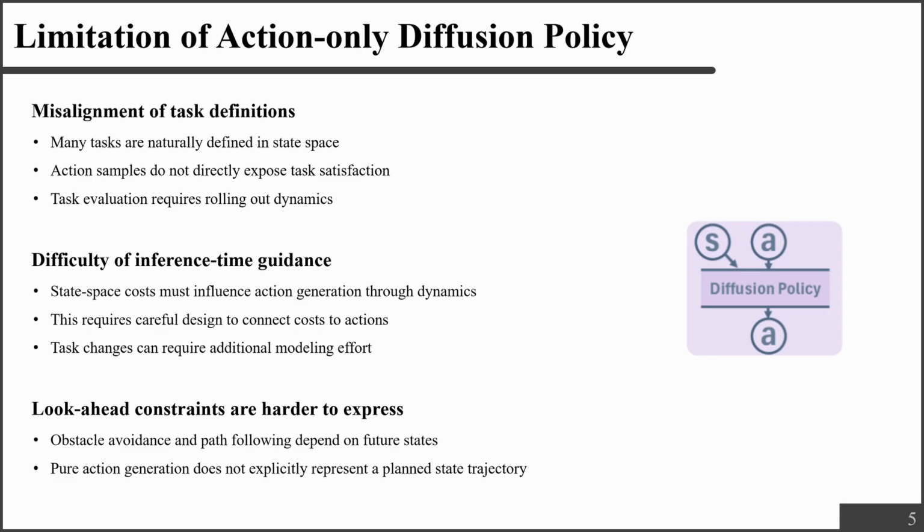Also, for tasks that require planning, it is often clearer to operate on a predicted state trajectory. Action-only generation does not represent that trajectory explicitly, so expressing look-ahead objectives can become more involved.